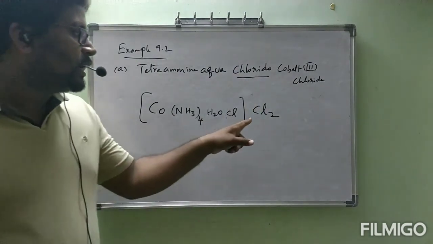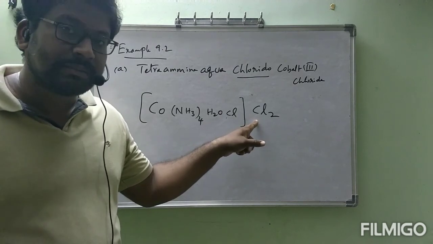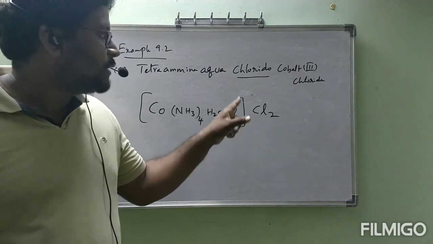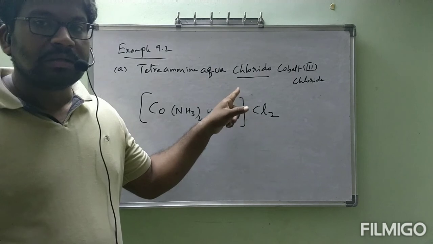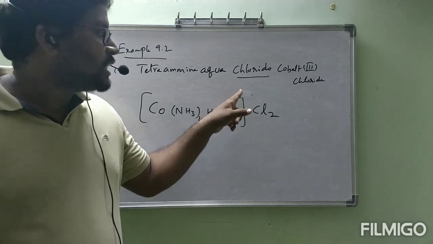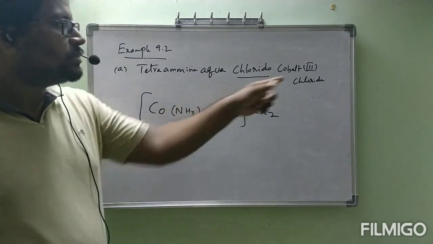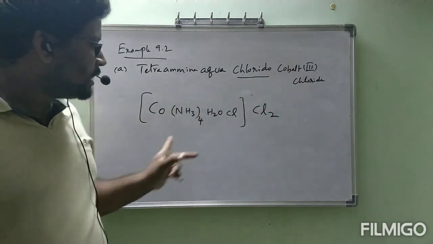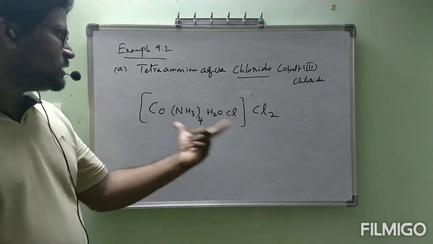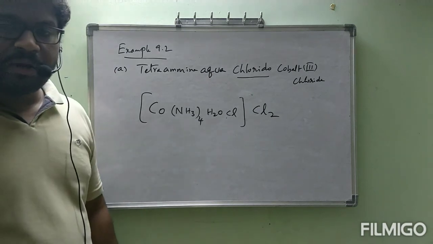To write how many counter ions are present outside, we have to know the charge present on the square bracket. To know that, we have to know the charge present on the metal. So they gave that one, and like this we have found. Okay, this is the answer for example 9.2 A.